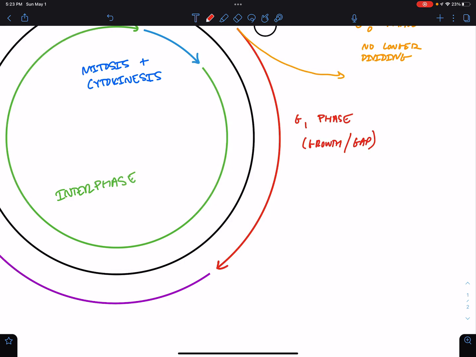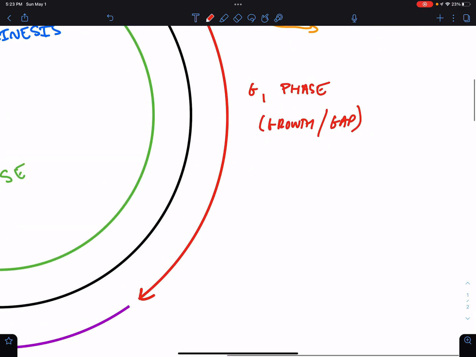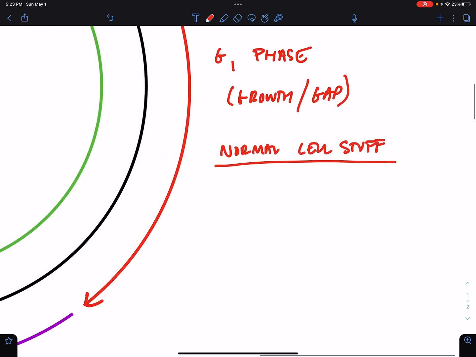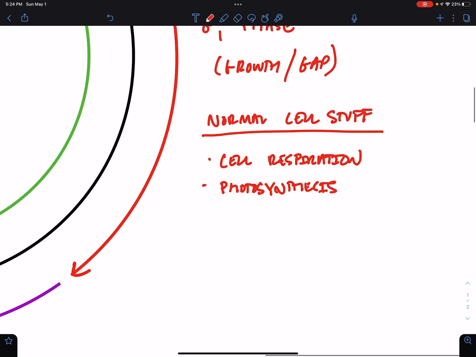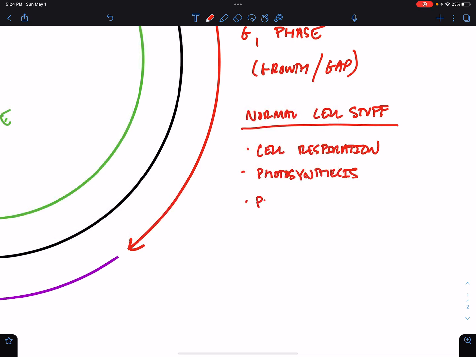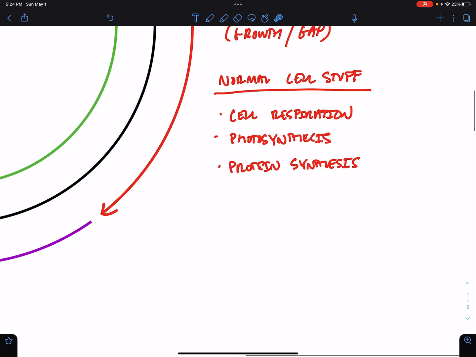In the G1 phase, it's doing all the normal cellular life stuff, like cell respiration, and photosynthesis if it's a plant, protein synthesis, that you all have learned about. Remember the central dogma of biology: DNA to RNA to protein.